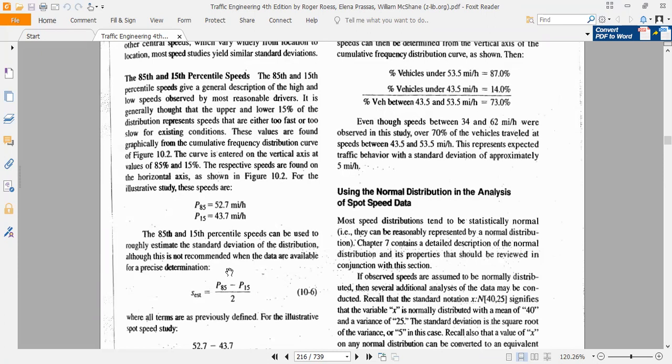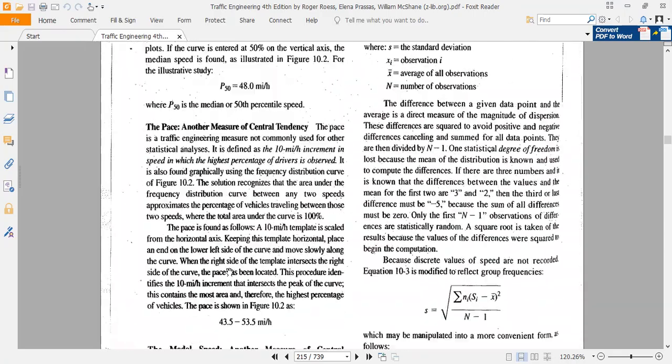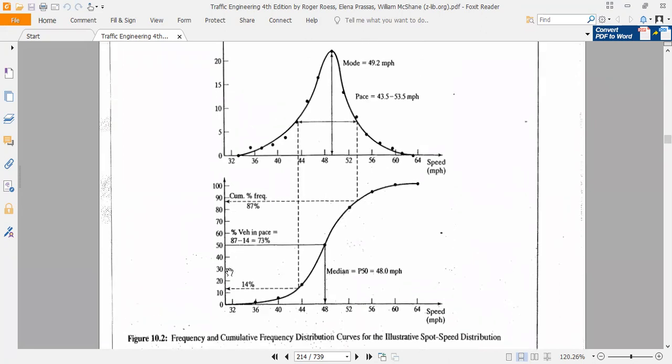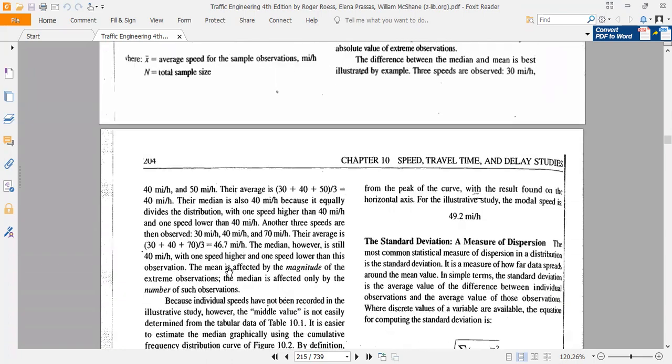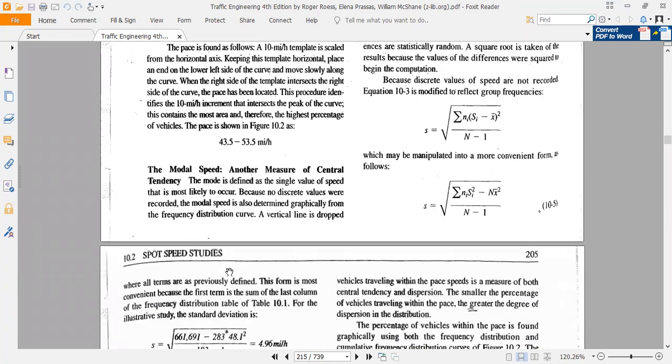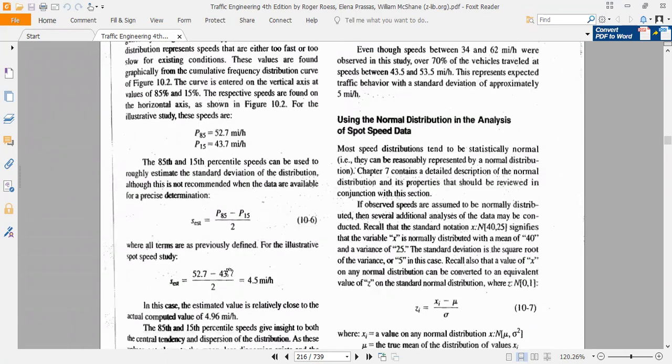Okay, so I think this is the data that you can find from it, and the interpretation of these different terms. Here, if I show it to you from the figure, remember that the 50th percentile speed, 85th percentile speed, and 15th percentile speed you can calculate from the cumulative frequency curve.